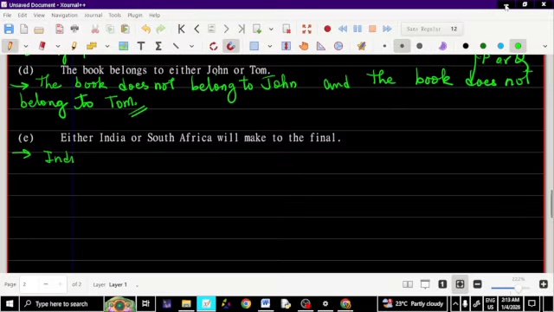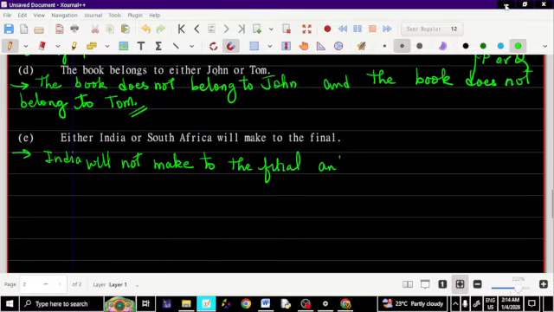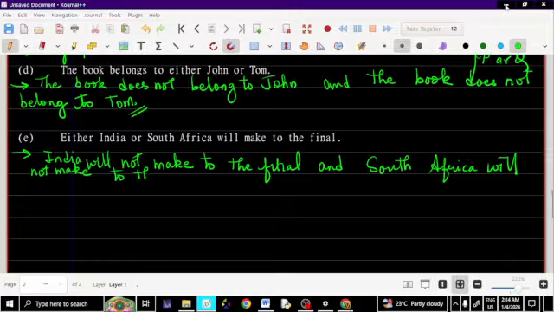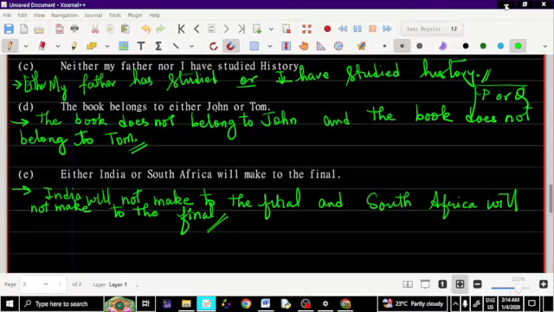So India will not make it to the final and South Africa will not make it to the final. So this is how you negate compound statements. Okay, I hope the things are clear.